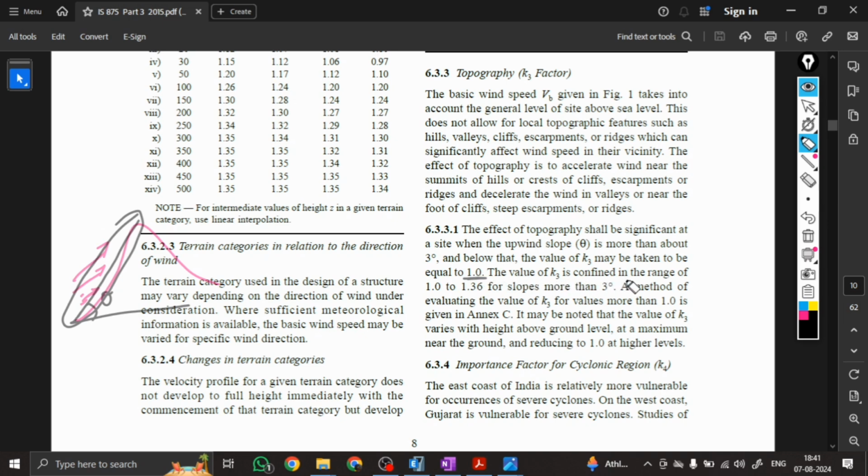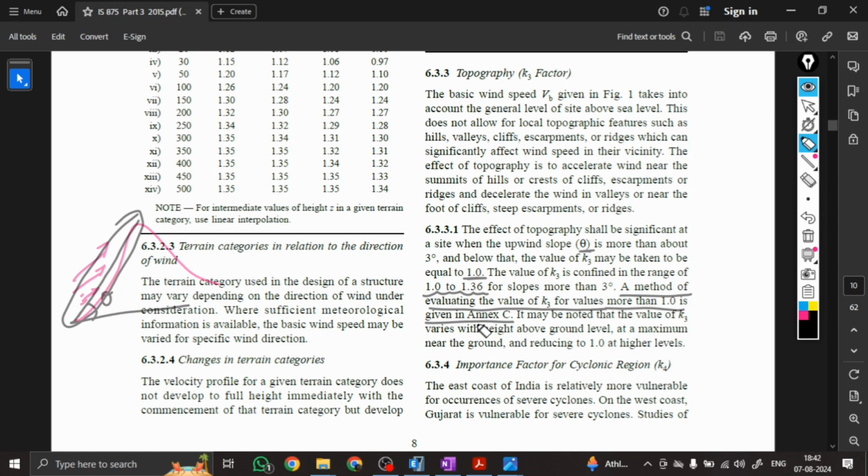The value of K3 is confined in the range of 1 to 1.36 for slope more than 3 degrees. If our theta value is more than 3 degrees, then it varies from 1 to 1.36. A method of evaluating the values of K3 for values more than 1.0 is given in Annex C. It may be noted that the value of K3 varies with height above ground level, at maximum near the ground and reducing to 1 at higher levels.